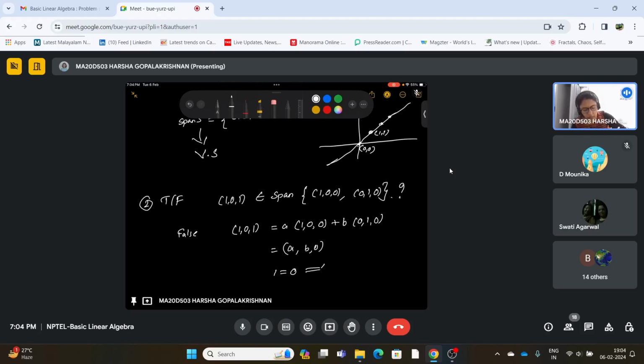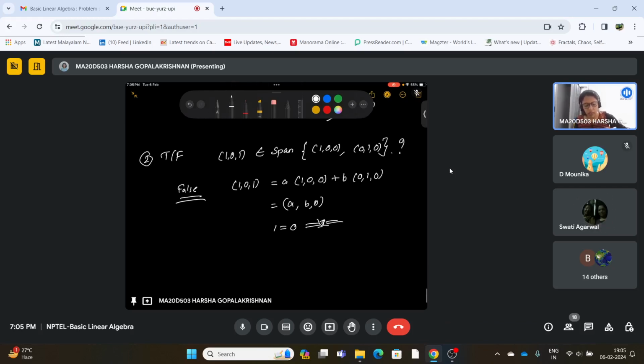This is wrong, right? See, the third coordinate is 1. If we equate the LHS and RHS, the third coordinate gives 1 equal to 0. That is wrong. That means whatever choice of a and b we take, we cannot write (1, 0, 1) as a linear combination of the given two elements. So this statement is false.